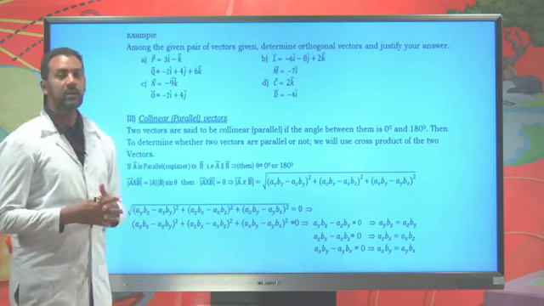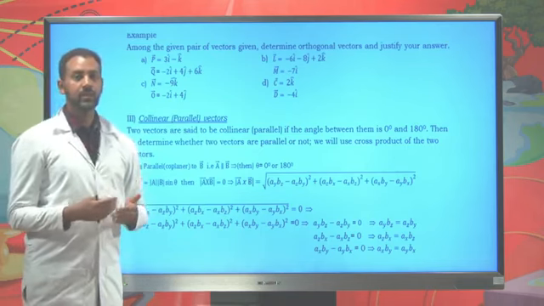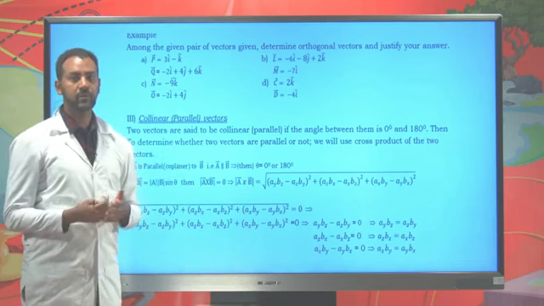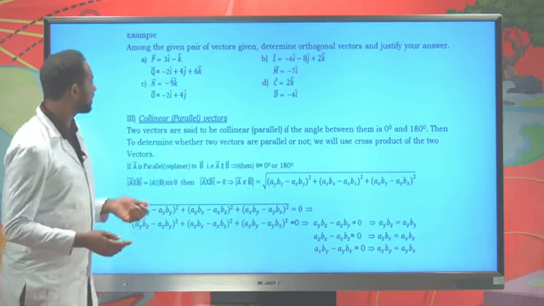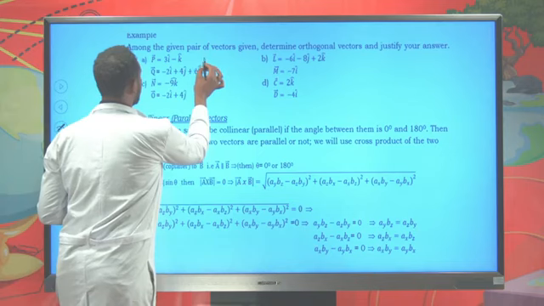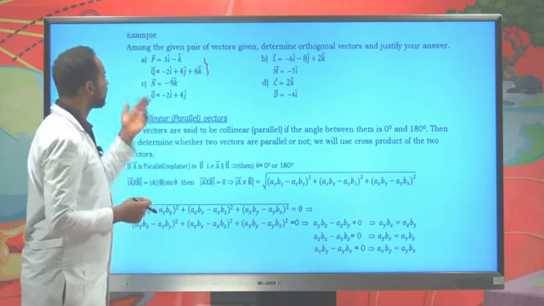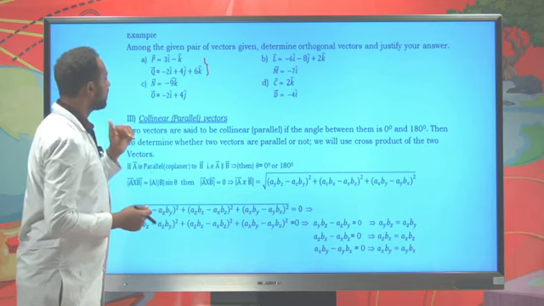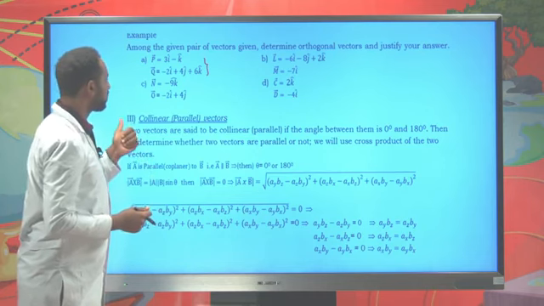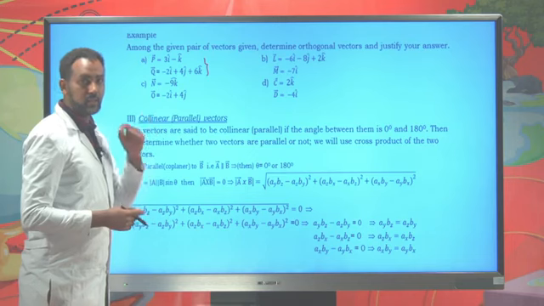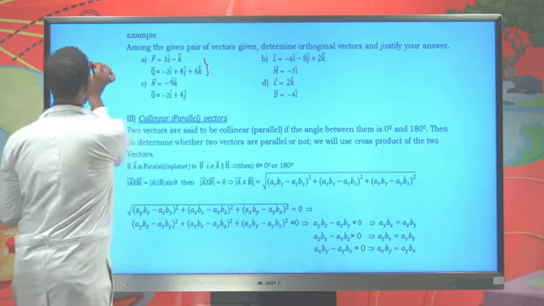Suppose here, let's try to find whether those pairs of vectors are perpendicular or not. Here you have two vectors. Let's check whether these two vectors are orthogonal or not. To find that, you have to multiply each coefficient. What are the components of vector P?